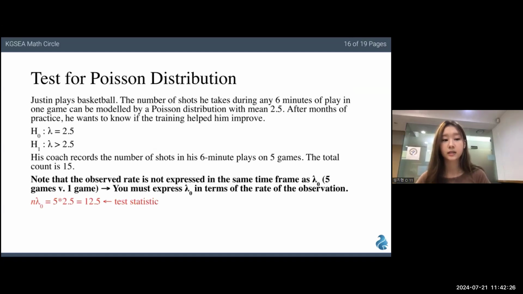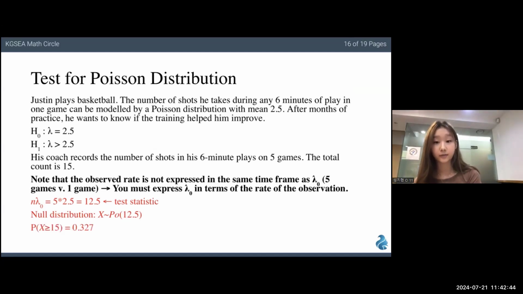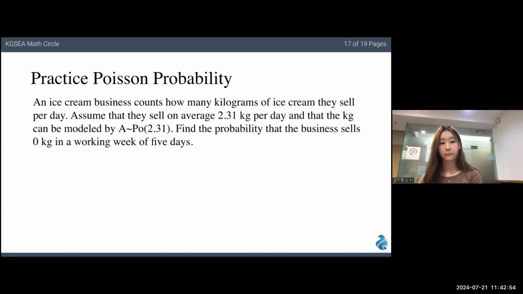You create a new one where you multiply 5 with the original mean of 2.5, which gives 12.5. Now you have a new null distribution, X with a Poisson distribution of 12.5. When finding the probability, you look at where the probability of X is greater than or equal to 15, and the answer will be 0.327.